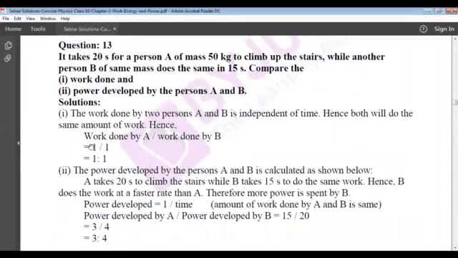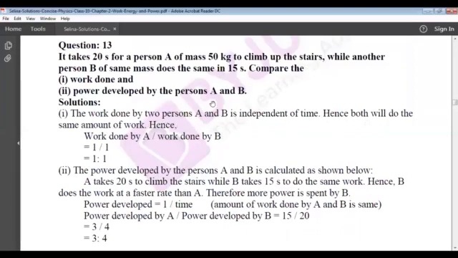Next, question number 13. It takes 20 seconds for a person A of mass 50 kg to climb up the stairs, while another person B of same mass does the same in 15 seconds. Compare the work done and the power developed by person A and B. See here, the work done by two persons A and B is independent of time. Hence, both will do the same amount of work.